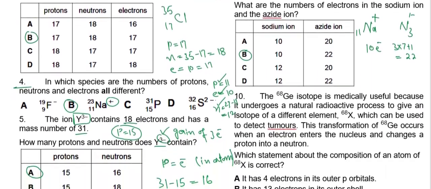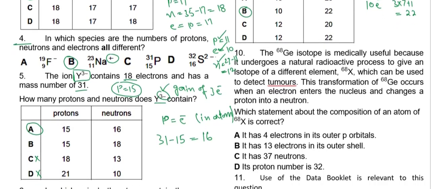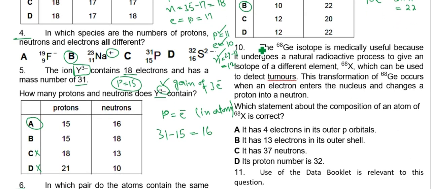Next question is a big statement. I'm just skipping the statement part, you can read it properly. What he says is, which statement about the composition of an atom of X is correct? So we have an isotope here. He says that it's the isotope, this is germanium, and that another isotope is formed, which can be used to detect.